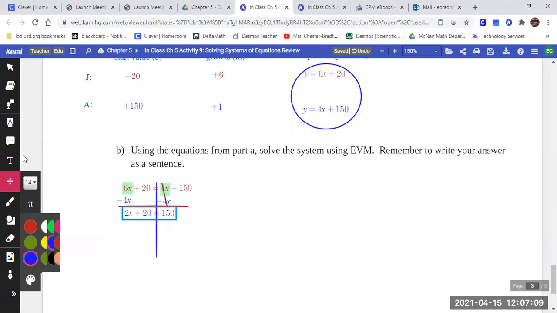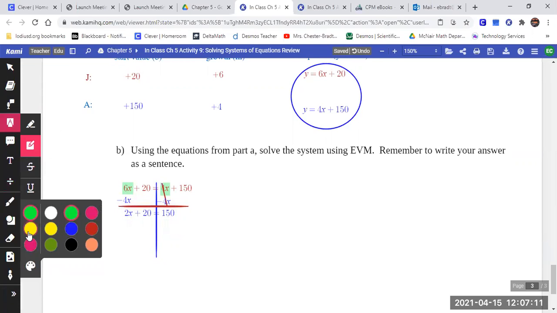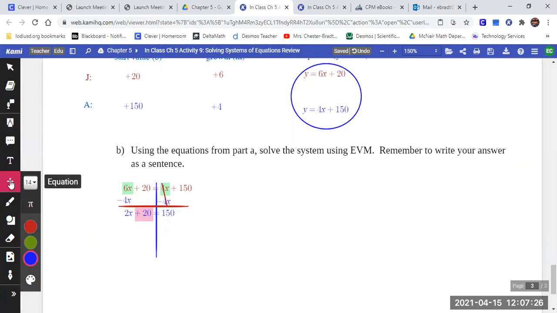Okay. Have I handled all my adding and subtracting? No. What needs to go? The positive 20, exactly. How am I going to make that positive 20 go? Subtract 20 from both sides.